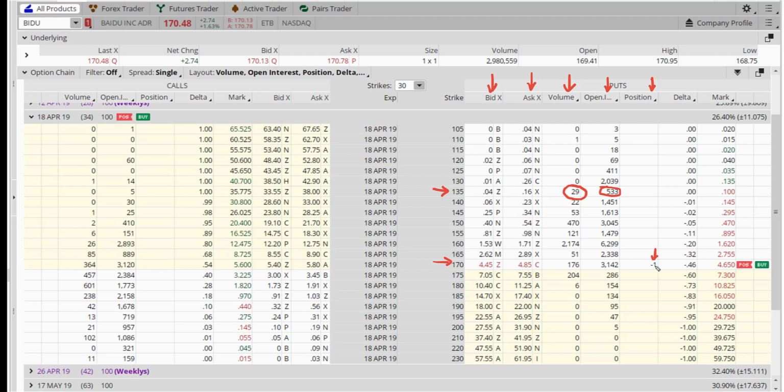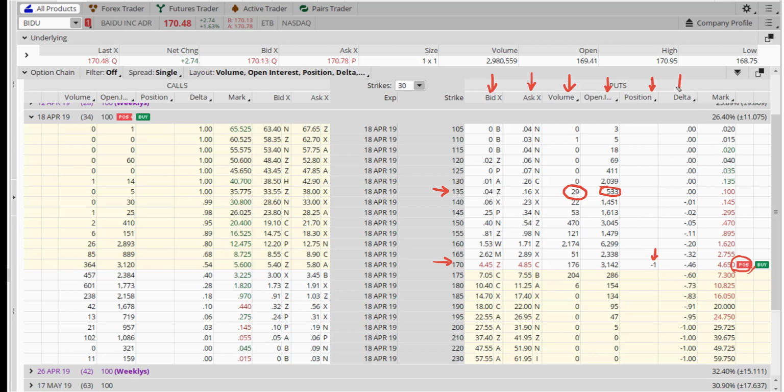So it shows up here as -1, meaning I've sold this contract. It's on the put side, so I've sold a put at a strike price of 170. This is also indicated by this red box, which shows that I have a position here. But the position column will tell you exactly how many contracts you have.